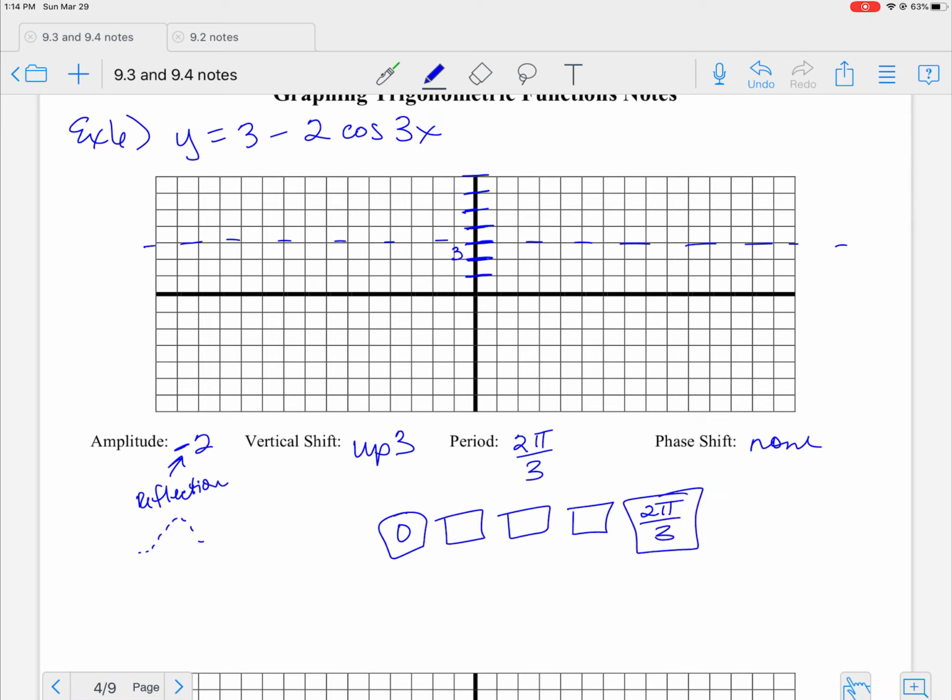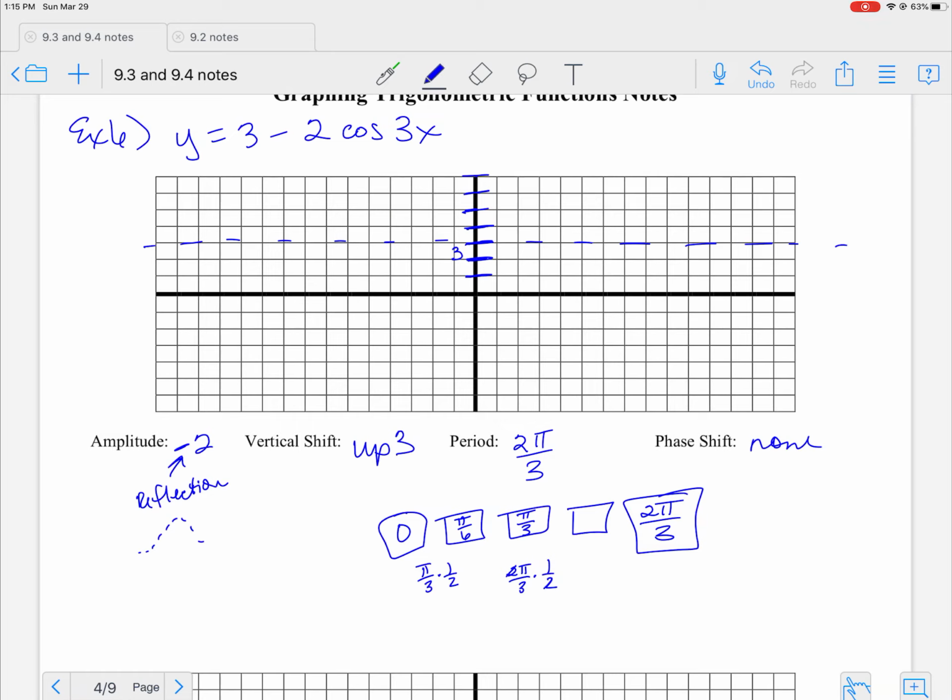But with my period, I start at 0 and I end at 2 pi over 3. So half of that would be 2 pi over 3 times 1/2, because 0 plus anything, right? So that's going to put me at pi over 3. Let me make that pi a little bit nicer. All right.